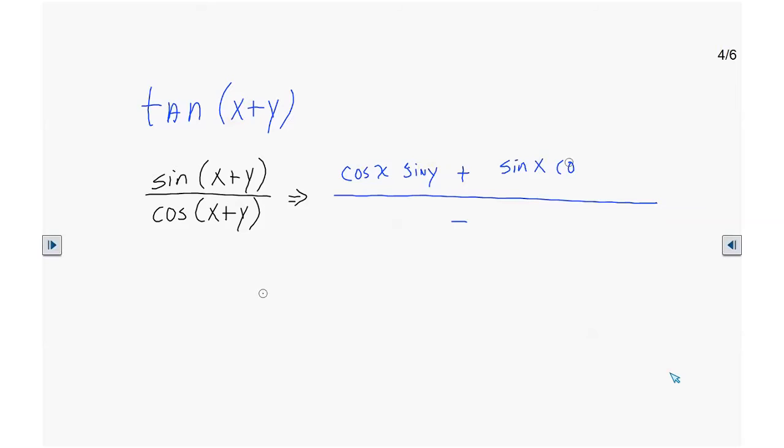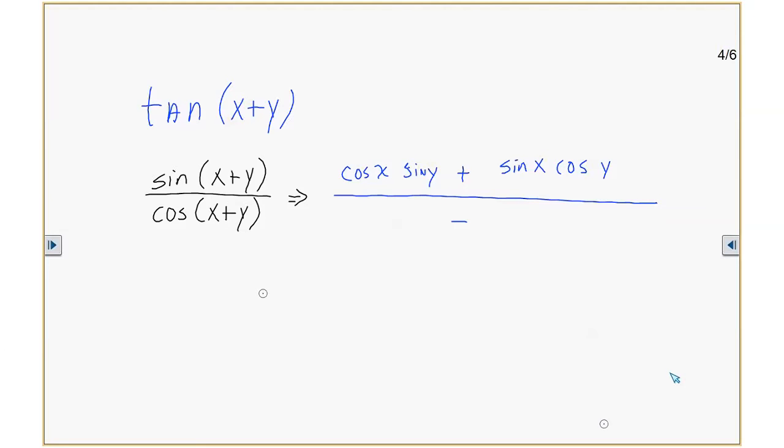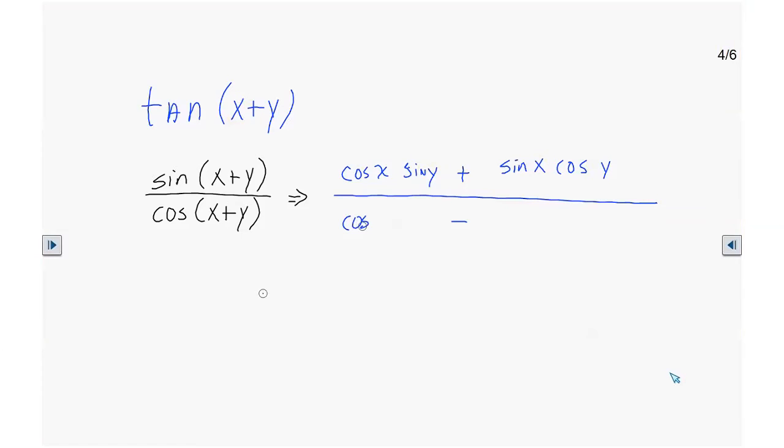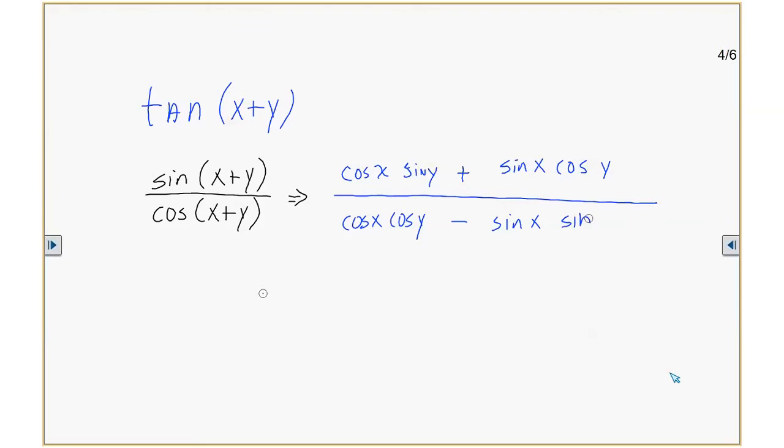The sine of x, cosine of y. And the bottom, remember the cosine doesn't like to mix. So cosine of x, cosine of y, minus sine of x, and sine of y.